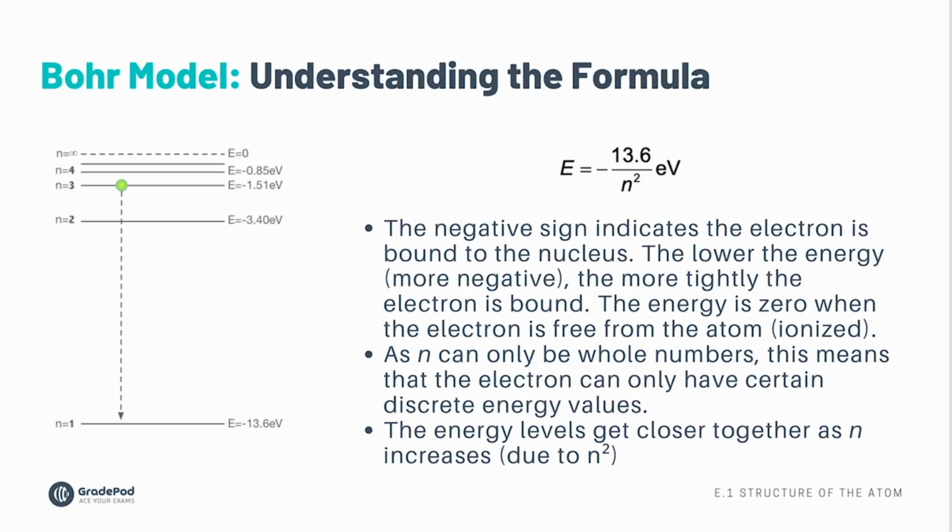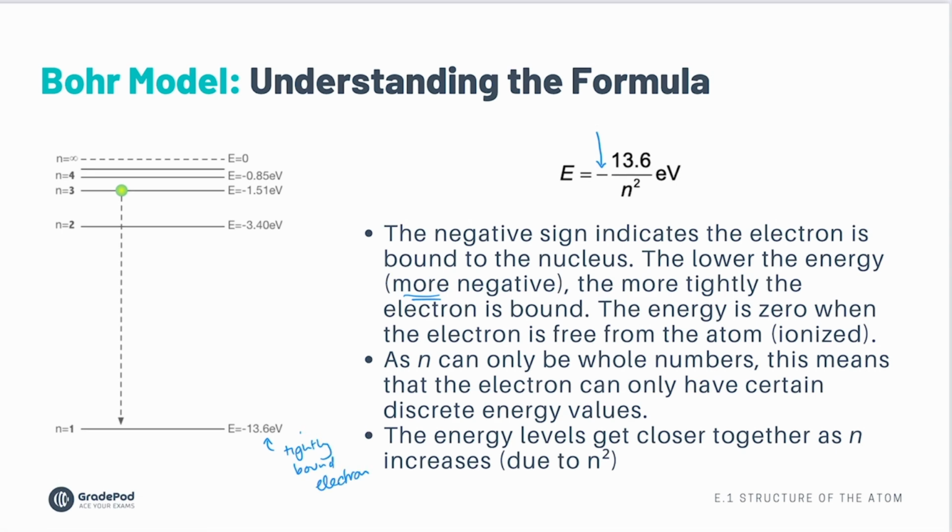Let me point out a few things about this equation to help you understand it better. This negative sign indicates that the electron is bound to the nucleus. So the lower the energy, or the more negative the energy is, the more tightly the electron is bound. So down here, we've got a very tightly bound electron. And let's go up to the top right here.